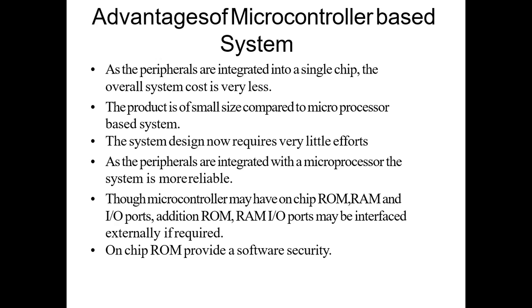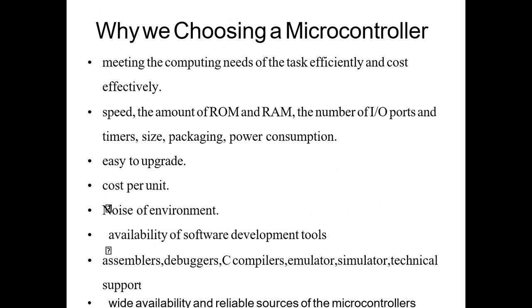The RAM and ROM are both built into a single chip, and the on-chip ROM provides software security. Likewise, we have lots of advantages of microcontroller-based systems compared with microprocessor-based systems. And why are we choosing a microcontroller? Yes, we can have lots of points on this.